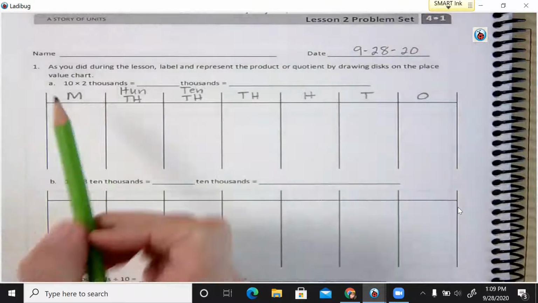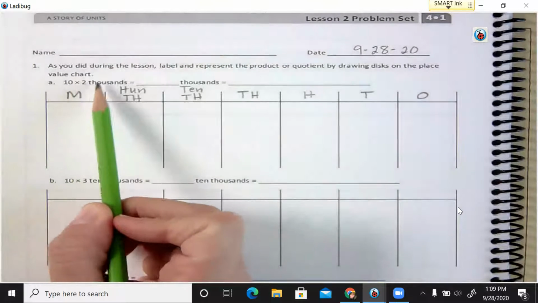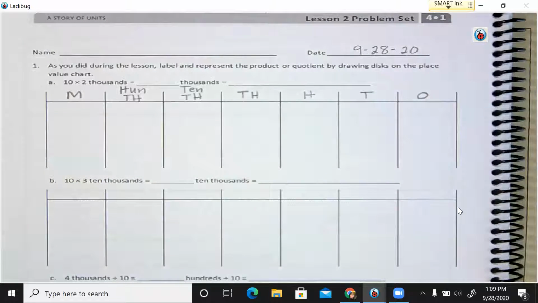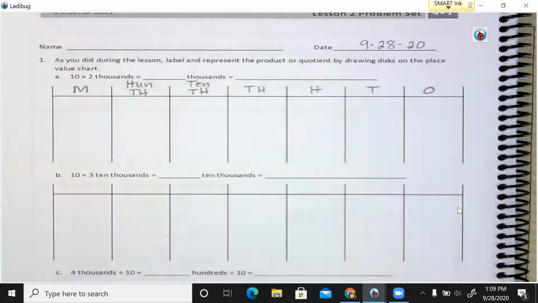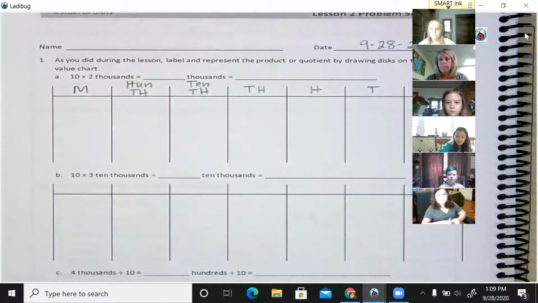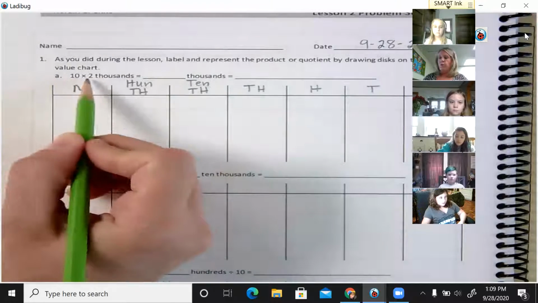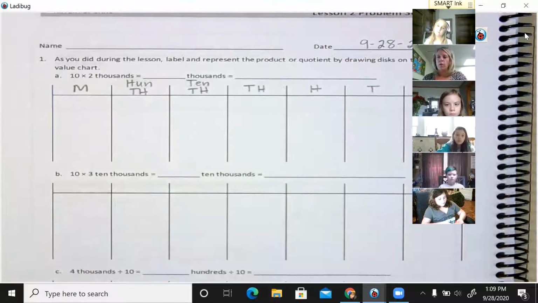Okay, so letter A asks us 10 times 2,000s. Now, I always like to work these out in the same pattern, and I want to talk about what information we know, and we can put in our chart right away. It's going to either be the 10 or the 2,000s. Which one can we put right in our chart?